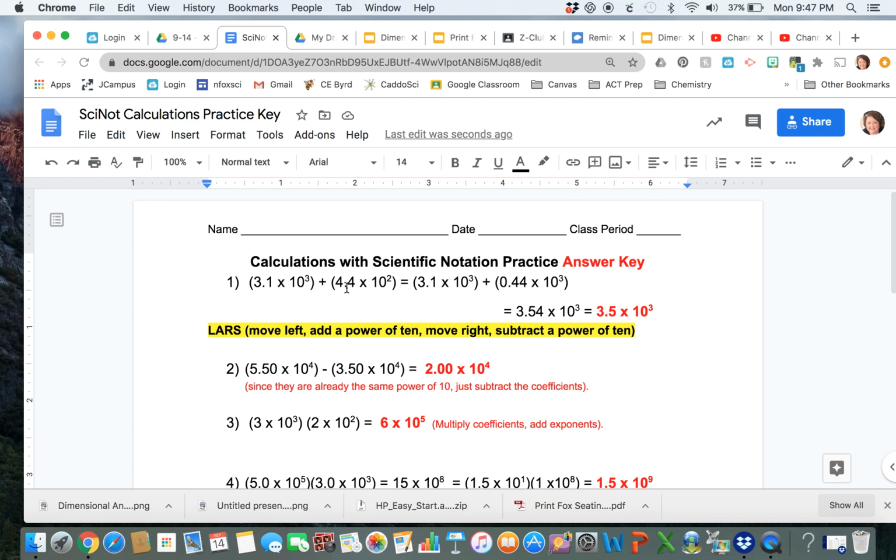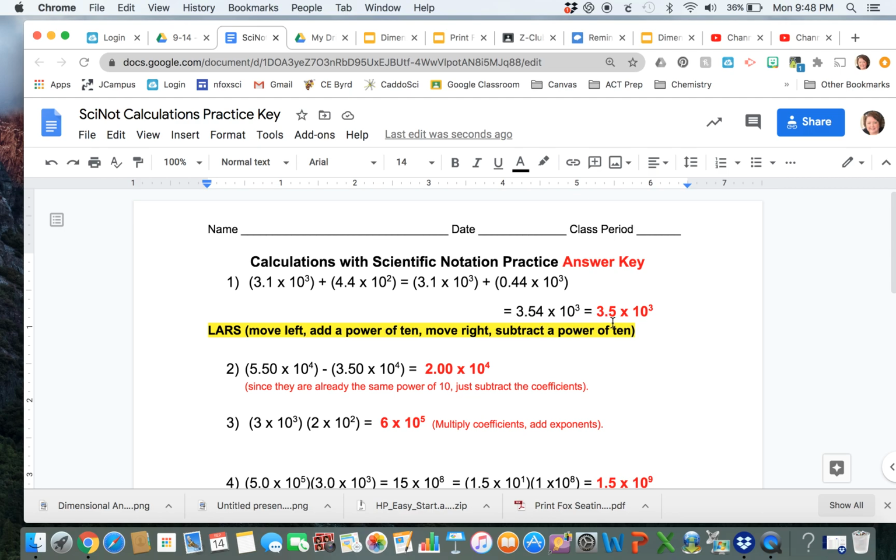So if I move this decimal to the left one time, I'm going to add a power of 10, and I'm going to have 0.44 times 10 to the third. So now I've got them both to 10 to the third power. I can now add the coefficients. 3.1 plus 0.44 is 3.54 times 10 to the third.